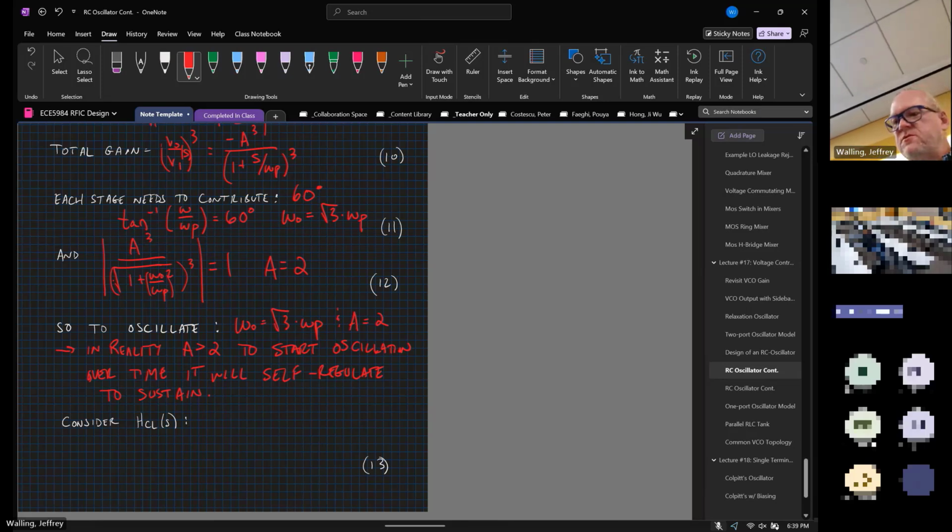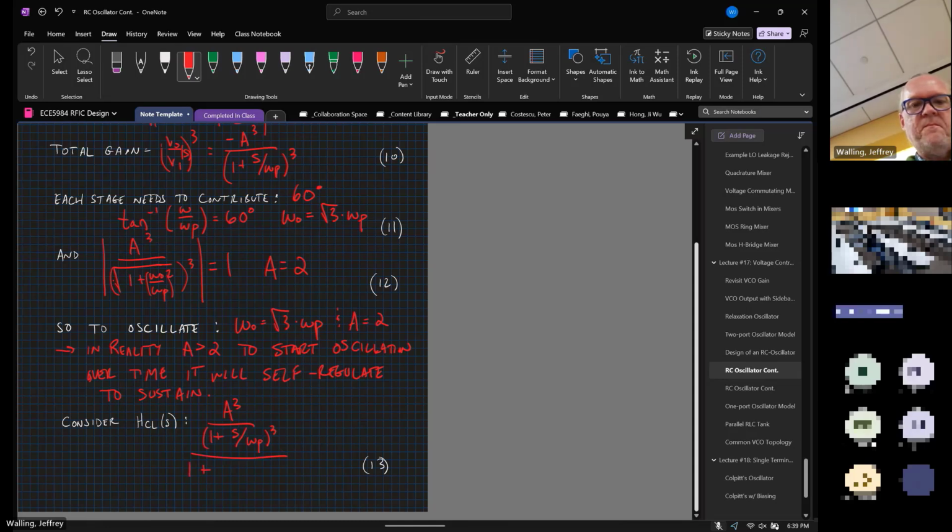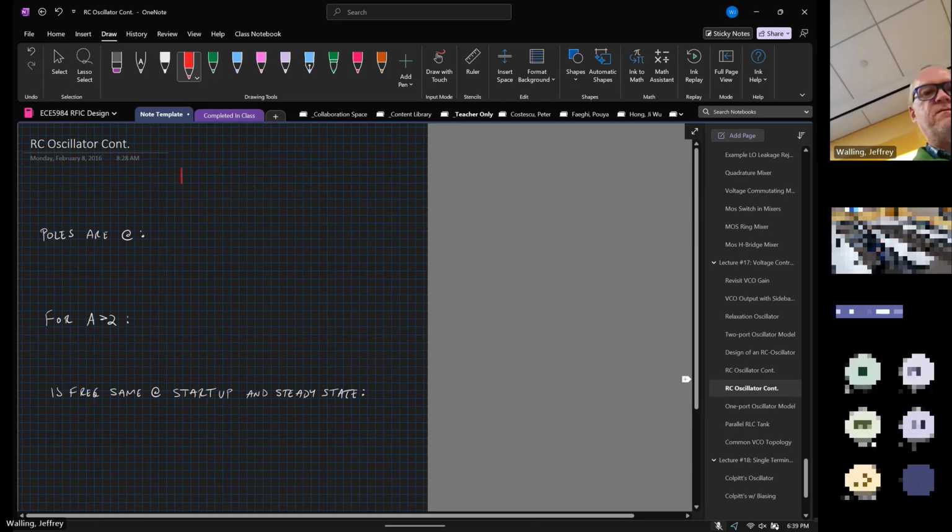Okay, so let's look at our closed loop transfer function. All right, so I'm just assuming here that f is equal to -1.